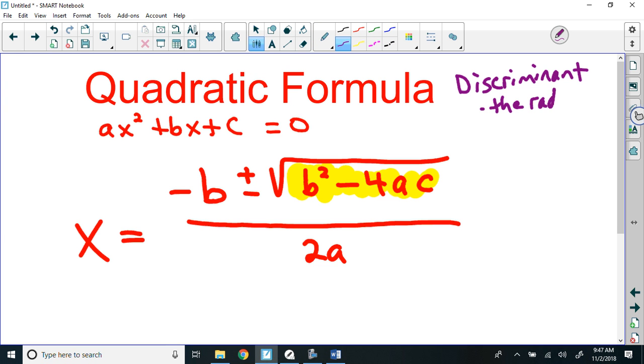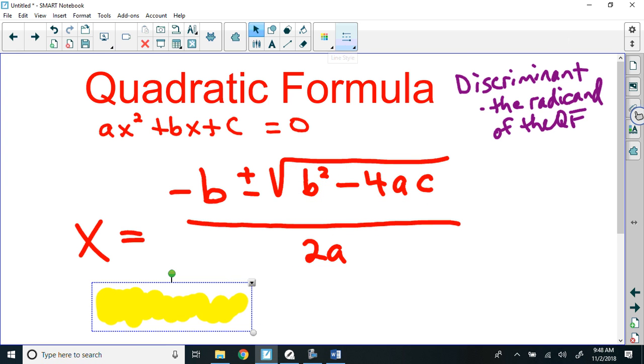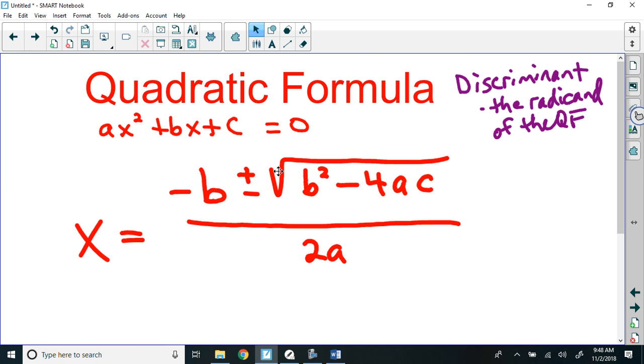When I say radicand, I mean all the stuff under the radical. That's all the discriminant is. It's just that stuff under the square root. What it does is it tells us how many answers our equation has. Now, most of you probably are aware that quadratic equations have 2 answers because the exponent's 2.